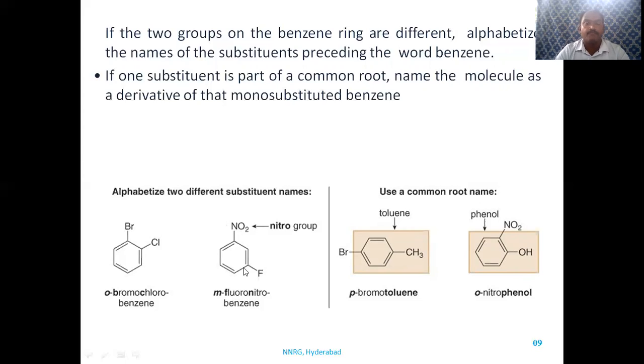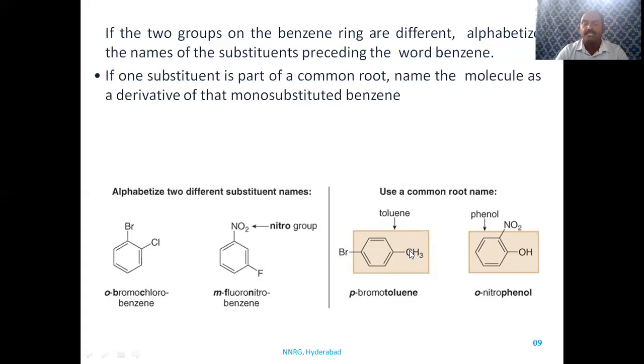There is another type of nomenclature. Out of two substituents, one substituent may form a common name, and the other substituent will act as a substituent. So if one substituent is part of a common root, name the molecule as a derivative of that monosubstituted compound. If we take the example of this molecule, this benzene has two substituents: a bromine group and a methyl group.